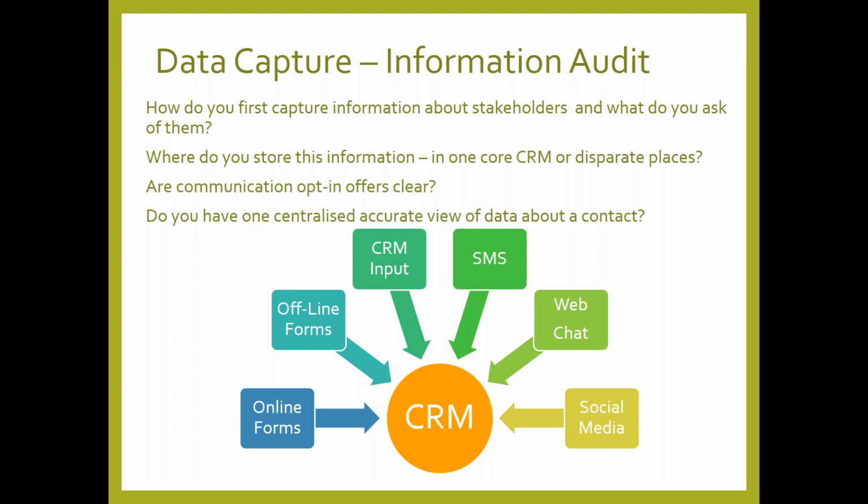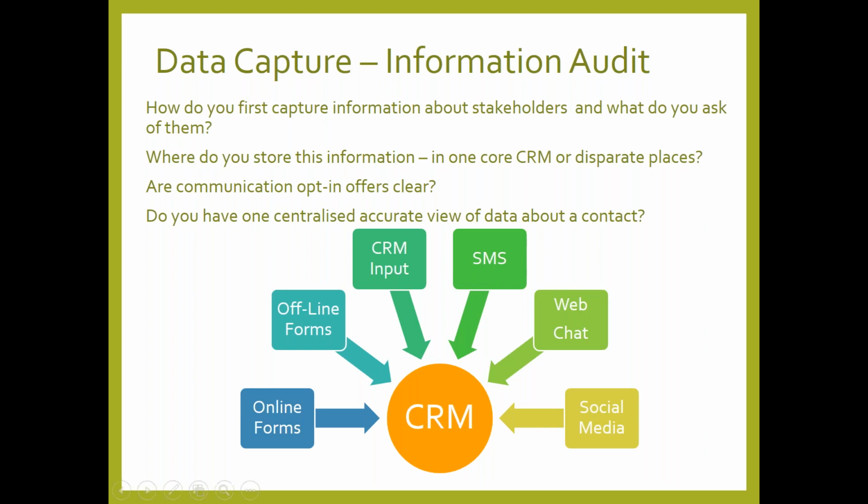Ultimately, the idea here is that you want to get the data from those forms directly into one CRM, a central repository of information that is accurate, that has quality information in it, that you know is up to date. So one of the things you need to think about is making sure that any online or offline forms you have are integrated into a centralized system.